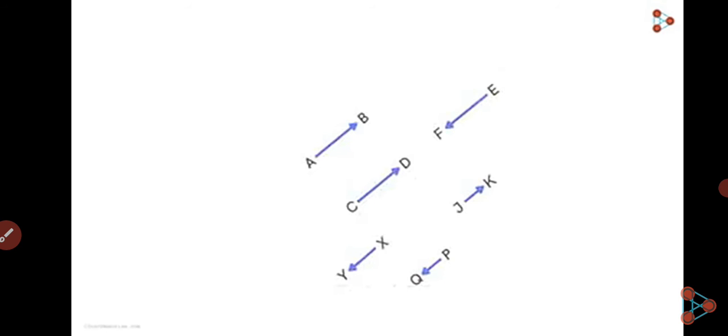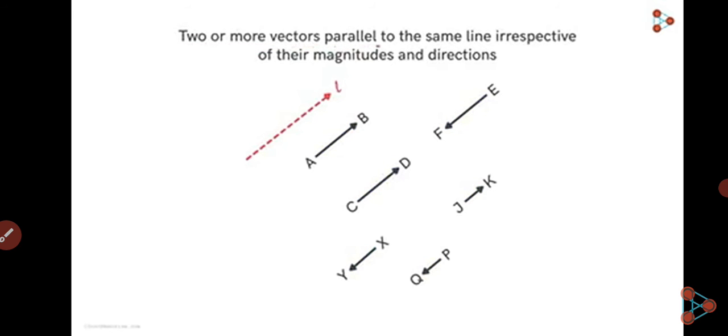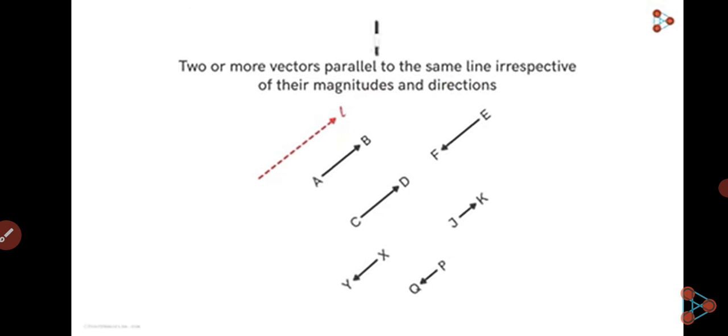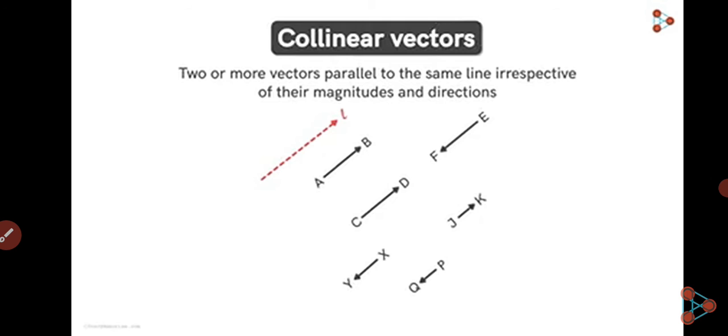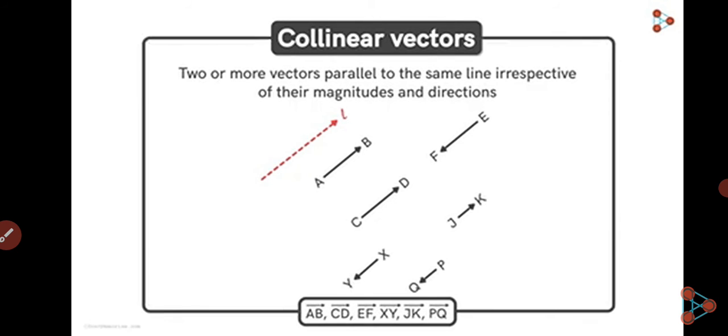And I told you that all these vectors A, B, C, D, F, E, X, Y are parallel to a single line. So we call these parallel vectors or collinear vectors. Two or more vectors parallel to the same line are called collinear vectors.